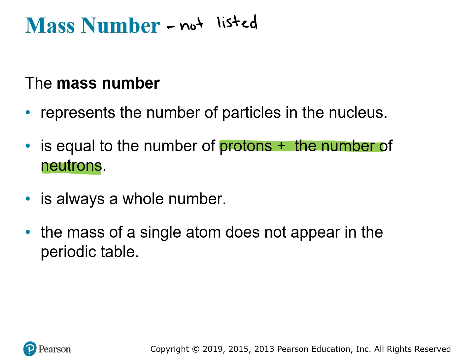That's the total number of particles in the nucleus. It's always a whole number. You're not going to have half a proton. You're not going to have 0.3 neutrons. Always a whole number. And as I said, the mass of a single atom does not appear on the periodic table. So that mass number, you will not see it.